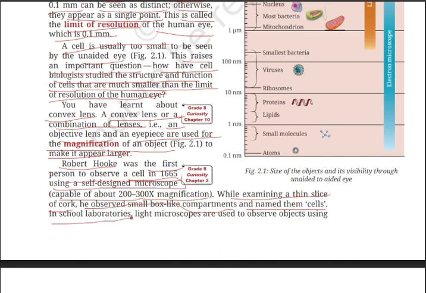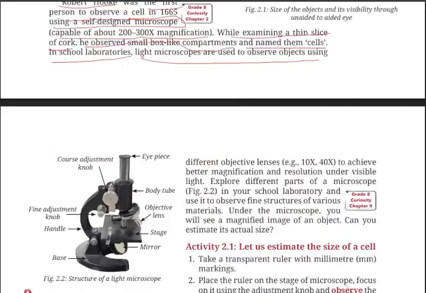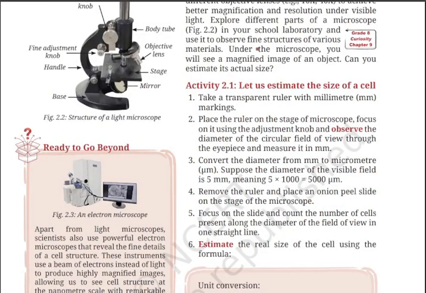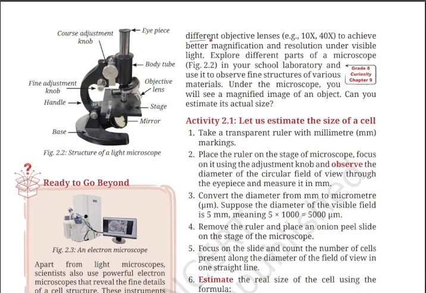In school laboratories, light microscopes are used to observe objects using different objective lenses. To achieve better magnification and resolution under visible light, explore different parts of microscope in your school laboratory and use it to observe the fine structures of various materials.